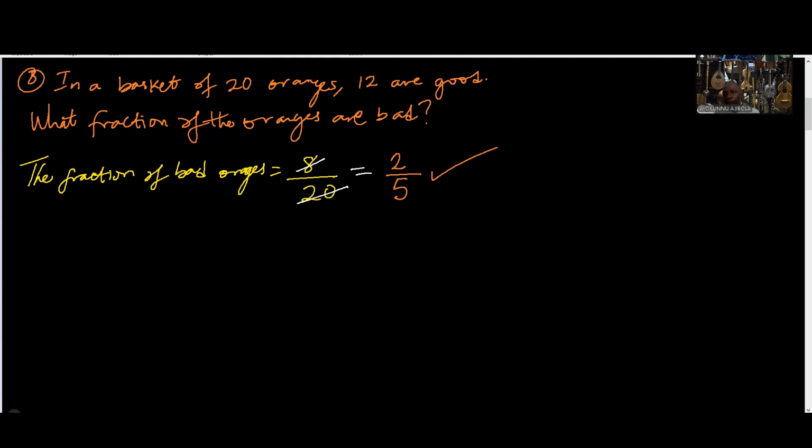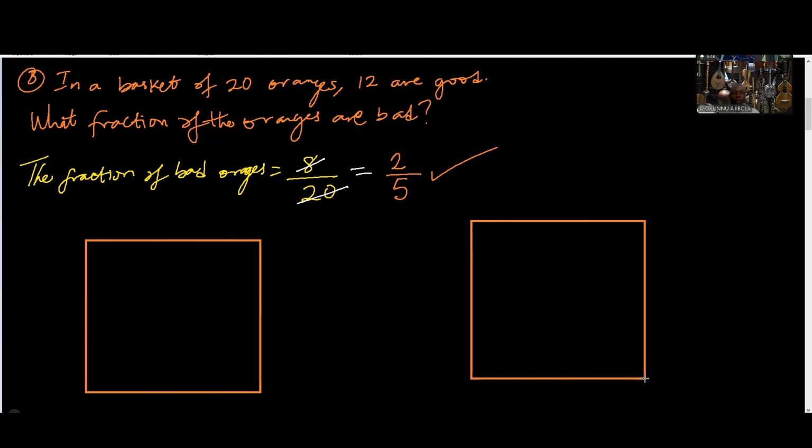For example, if I have a box here and I have another box here, I got 5 items here. Maybe 1, 2, 3, 4, 5 in this one.